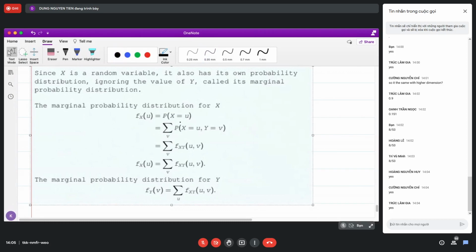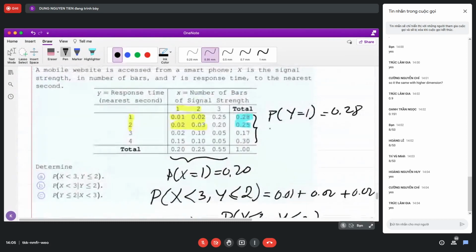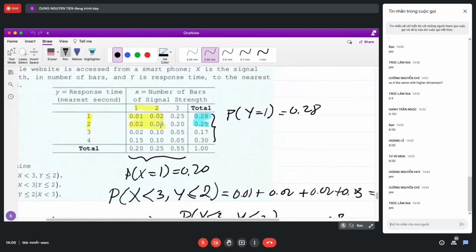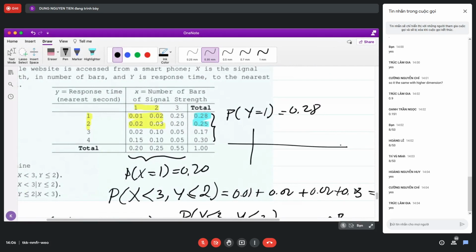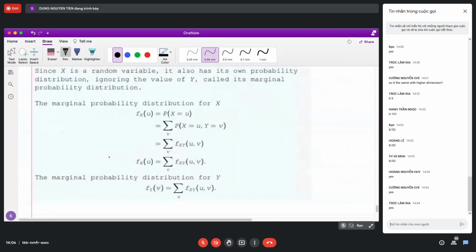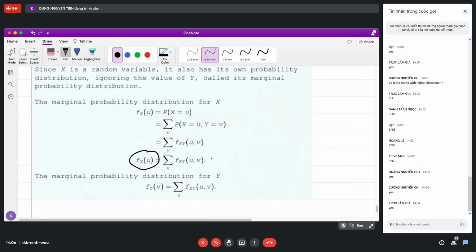And then you need to sum all the numbers, right? You need to find it here. So if you have a look at the table here, you can see that x could be 1, 2, 3, and then you come up with the f(x), which is 0.2, 0.25, 0.55, and this function f(x) is called the marginal probability distribution for x. Okay, and that would be f_X(u). Okay.